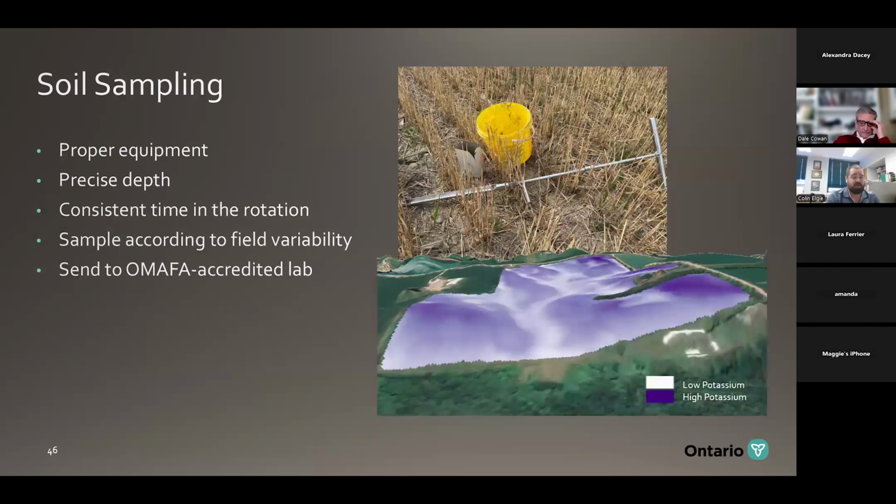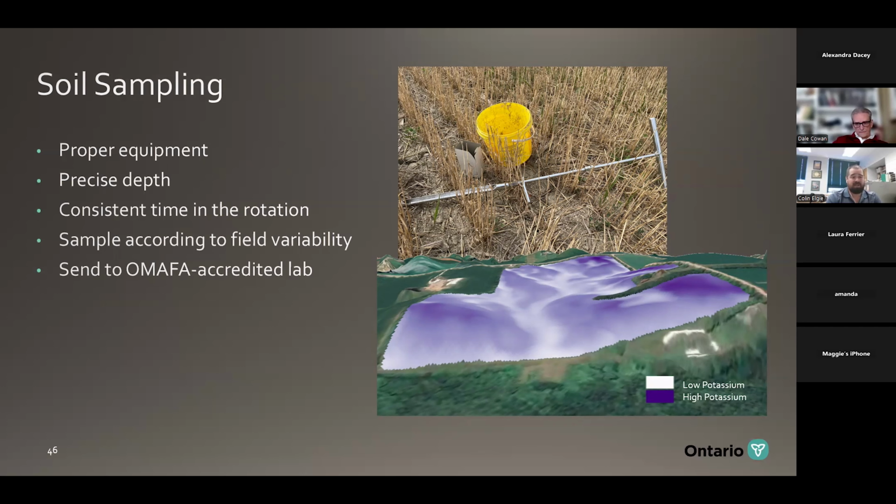To summarize our whole series, soil sampling is one of the most important operations you can do on your farm, and guaranteed to be money in your pocket at the end of the day. It's important to do it properly, use the proper equipment, make sure it's accurate, at the right depth, a 6-inch sample for the vast majority of our nutrients, at the right time in the rotation, really taking a look at how variable that field is and fitting the sampling to that.